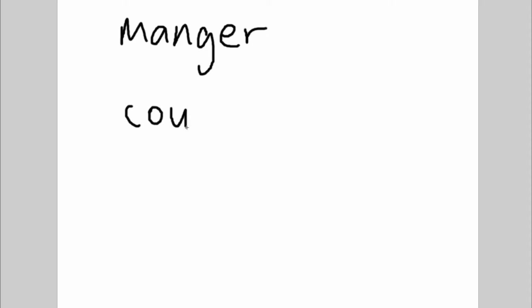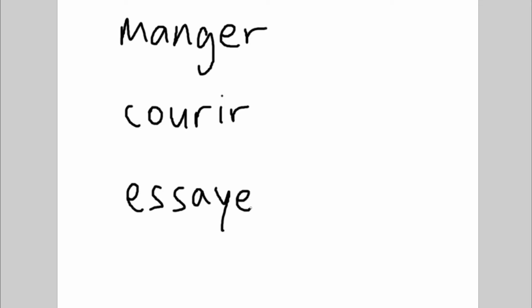Before we get into actual verb conjugation, let's talk a little bit about infinitif, or verbs in infinitive form. This is the most basic form of a French verb, and it's non-conjugated. You'll see this a lot in a dictionary. For example, manger, which means to eat, or courir, which means to run, or essayer, which means to try. You'll notice that in French, every verb has a very specific ending.